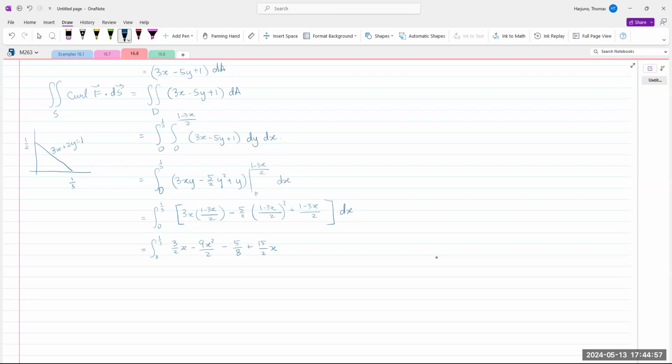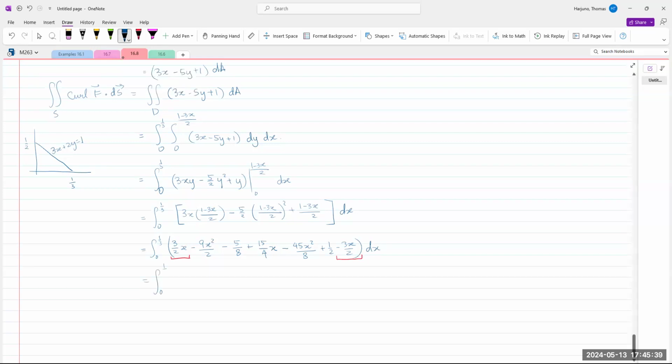What am I doing? And then minus 45x squared over 8, plus 1/2 minus 3x over 2. Oh, something cancels. I didn't realize that. This guy cancels with this. Anything else cancels? At least that part.